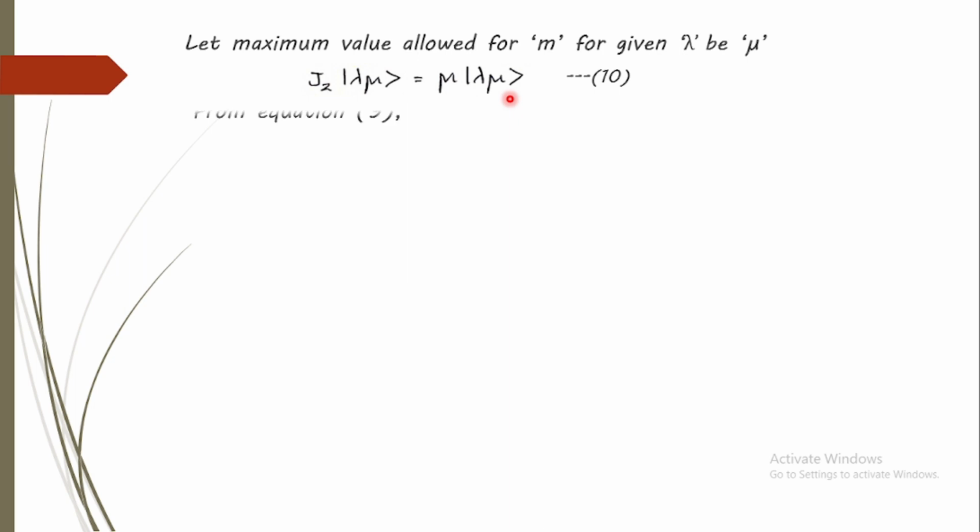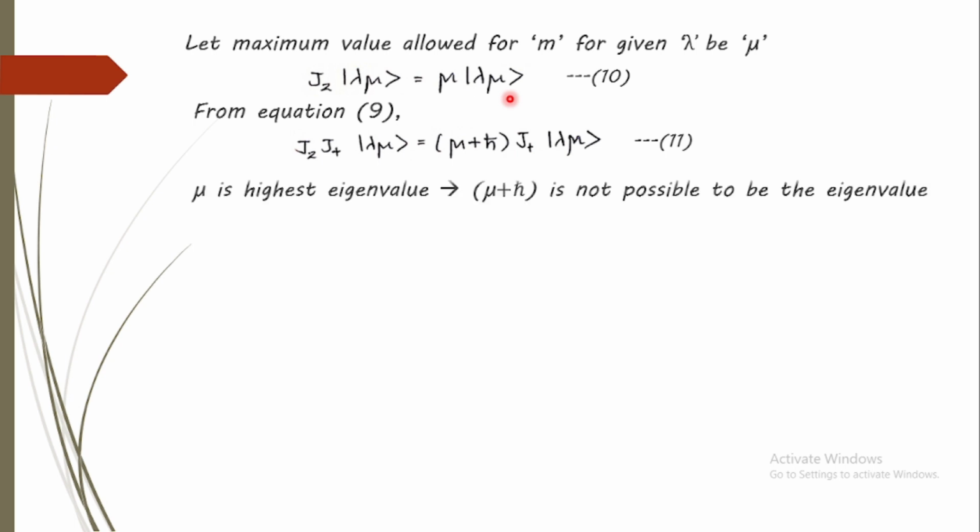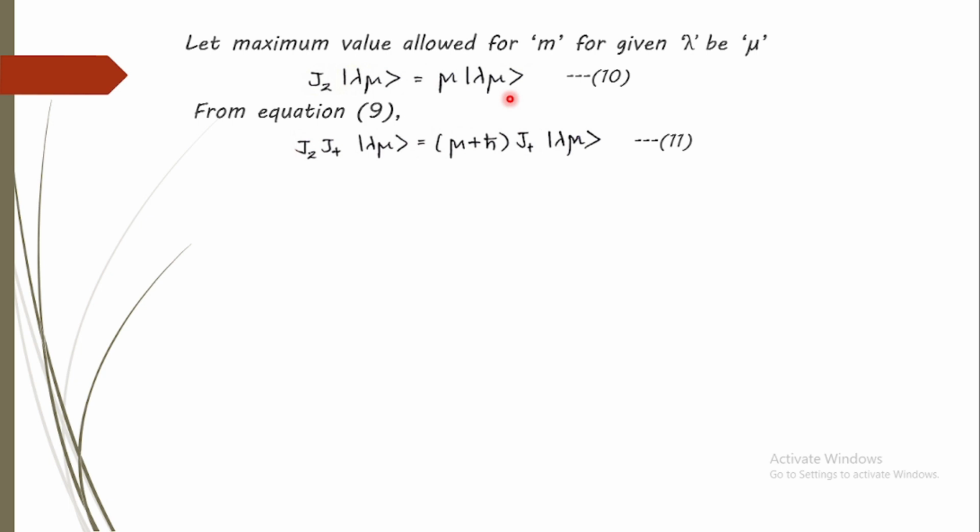Again in a similar manner, we operate J plus from the left side to give equation number 11, because we know the commutation relation of Jz with J plus is h cross J plus.